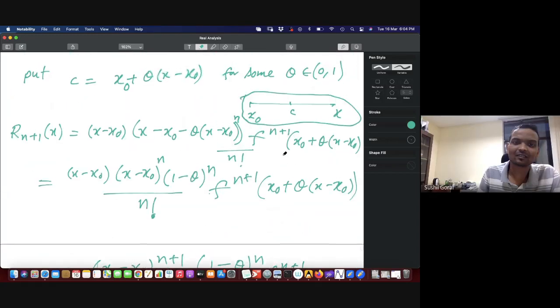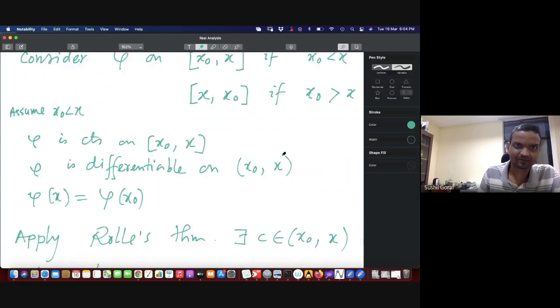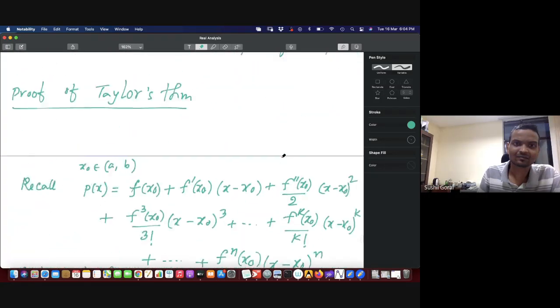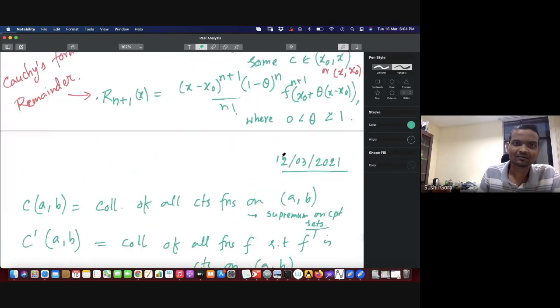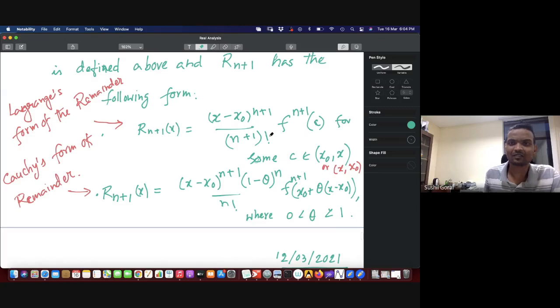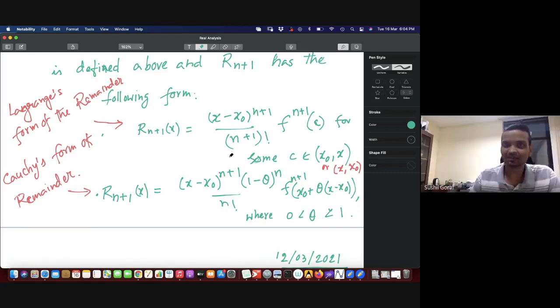See here, this is it. The first one is Lagrange's form of remainder, and the second one is Cauchy's form of remainder. All right. Oh, okay. Yes, sir. The first one doesn't have any 1 minus theta. Right.